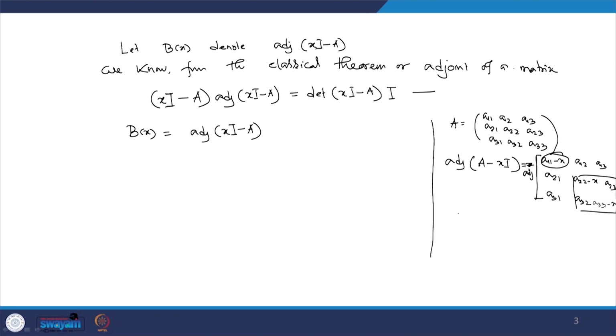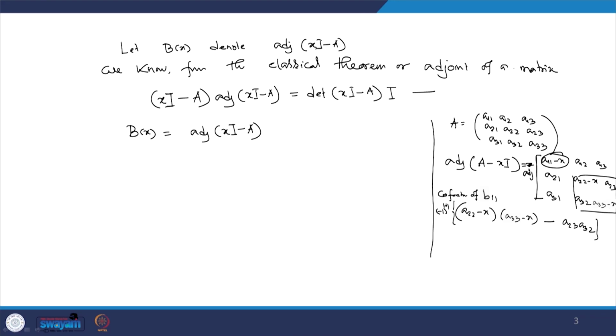So, I will have (A22 minus x) into (A33 minus x) minus A23 into A32. So, this will be the cofactor of B11, because this is a B matrix. B11 will be this minor multiplied by minus 1 to the power 1 plus 1, that is the cofactor.